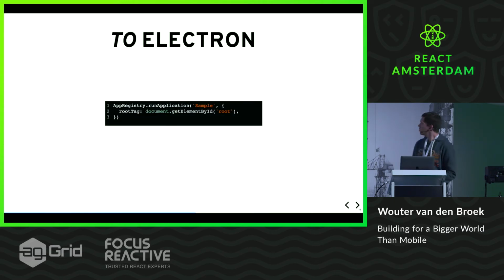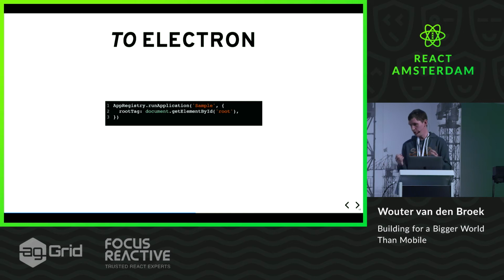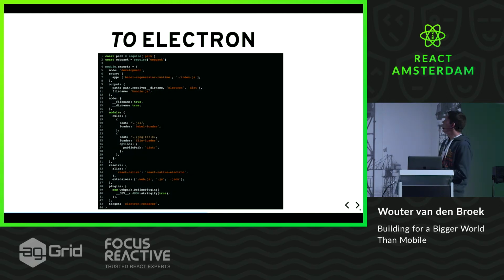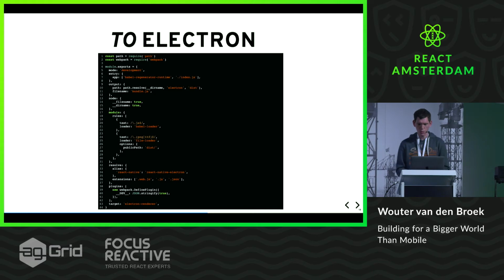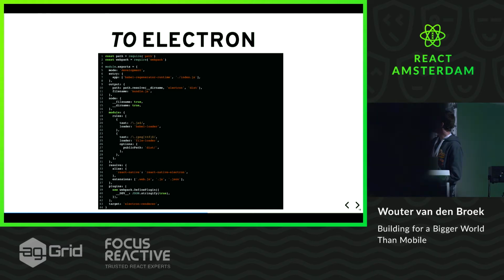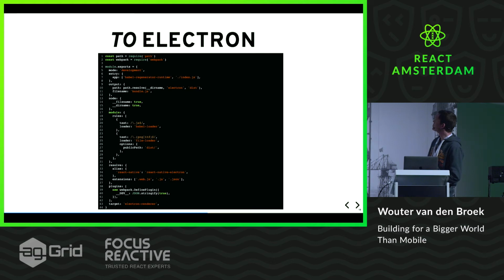So the first thing, it's a little small, but this is the latest thing you do with React Web: you just ask the wrapper for the HTML, and that's it. So it knows where to put all these divs, etc. That's the first step. The second step is making the Webpack configuration, which uses the React Native Electron package to see what it needs to transcompile and what it needs to resolve.